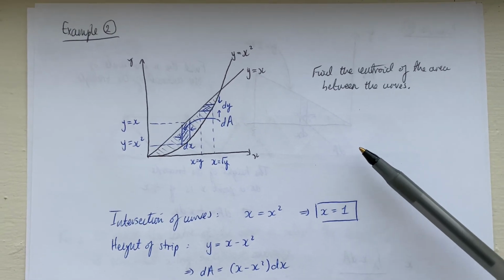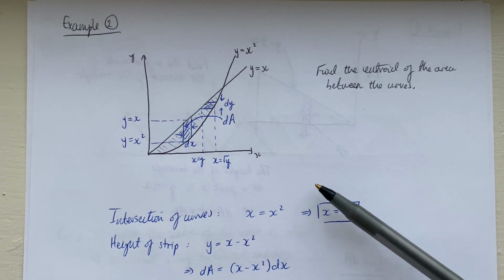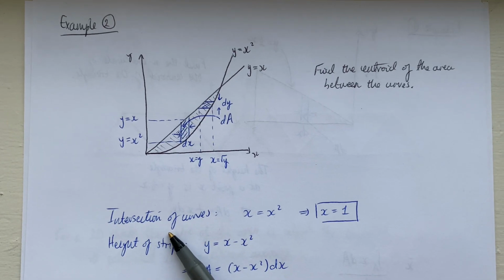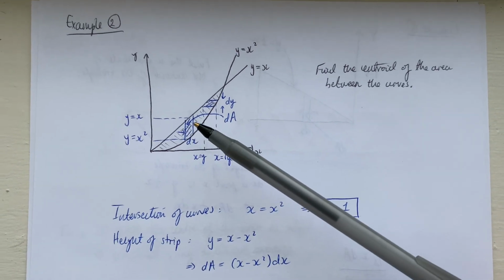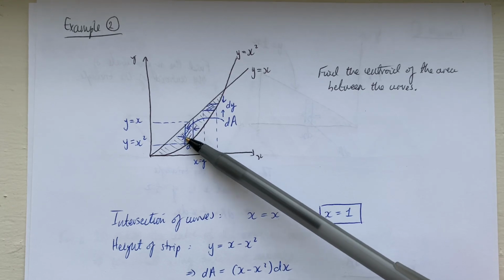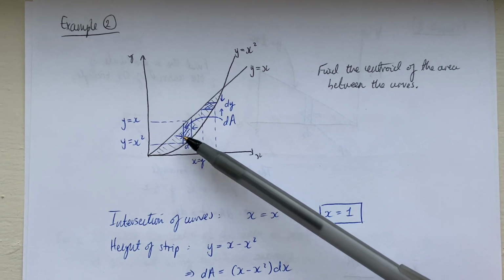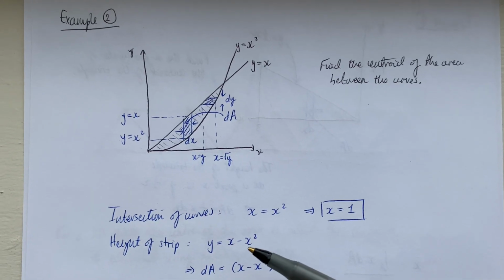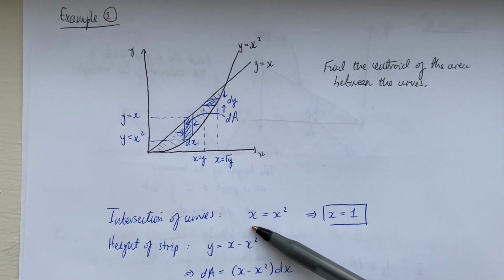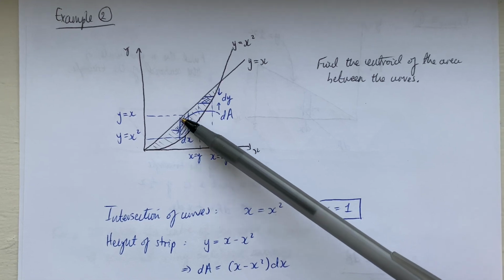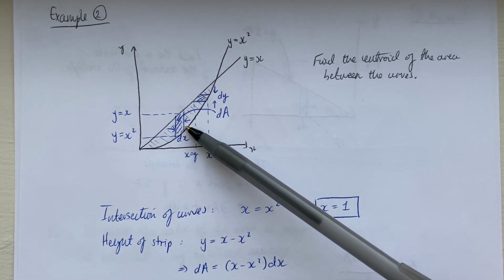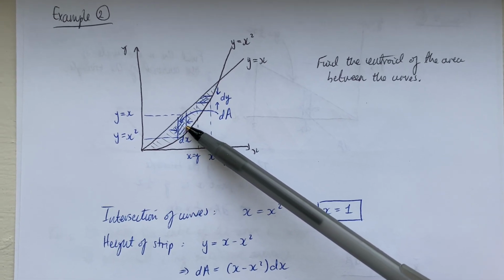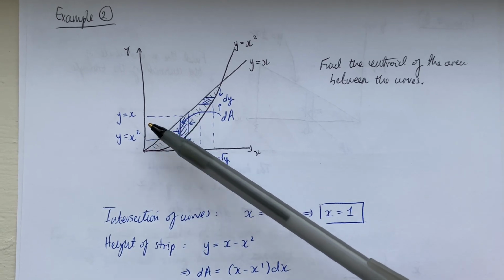So the first thing I do, as before, is I need to split up between the curves into strips of width dx. So we're considering the x coordinate of the centroid initially. So I split up the shape into strips of width dx, and therefore I can work out the height of each strip.